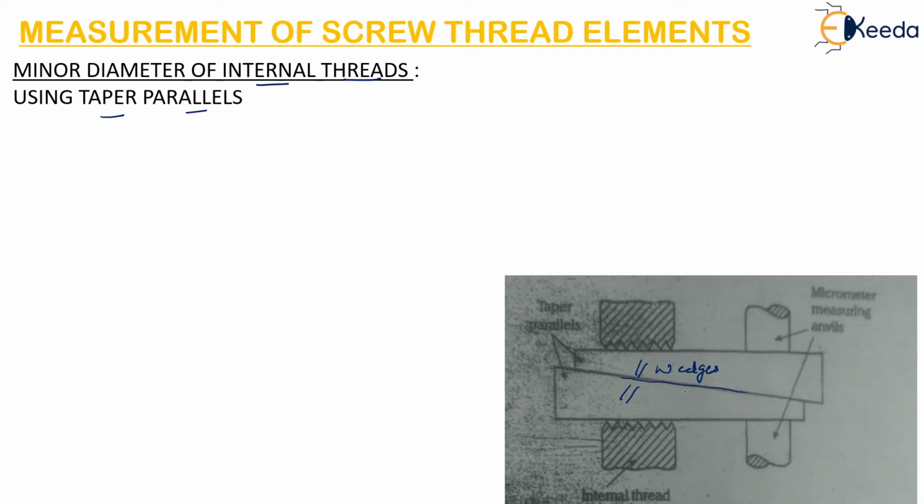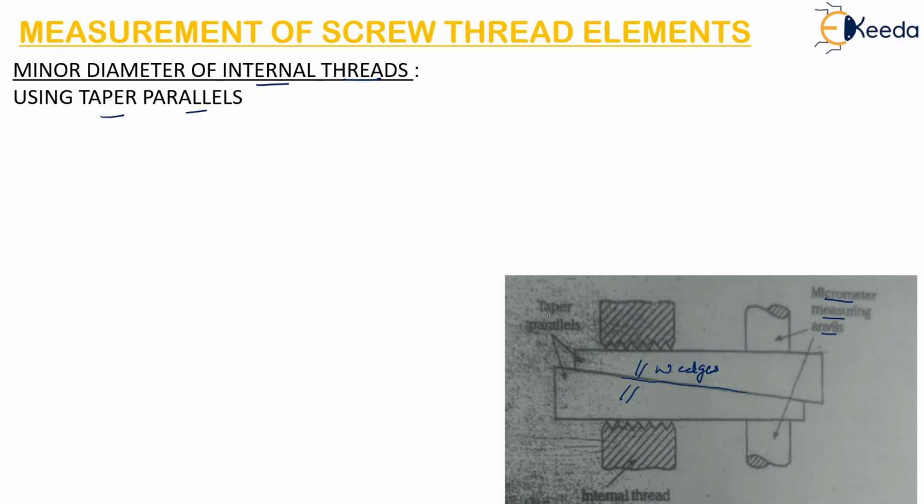As the wedges are slid over each other, the diameter across the outer edges will vary and may be measured with the help of a micrometer. Here you can see the micrometer measuring anvils placed above the wedges, or the taper parallels.